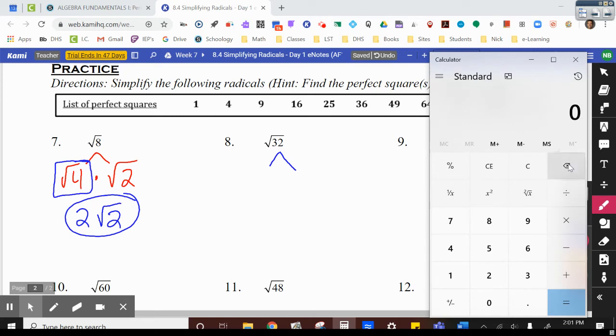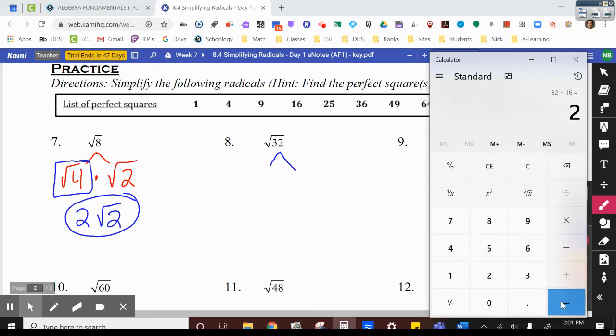All right, and the easiest and best way to do this is by simply dividing. You're going to start with that number 32 and simply divide, going down the line. Start with the largest perfect square factor that can go into 32 and work down. 25 would not divide evenly into 32, so I'm going to try the next one down, which is 16. 32 divided by 16 is 2.